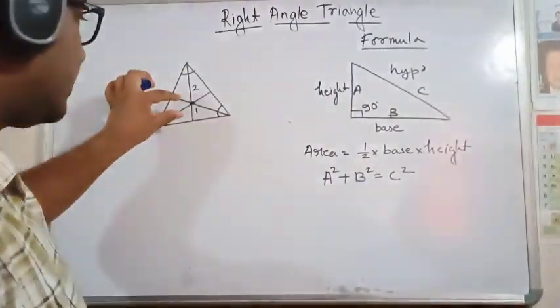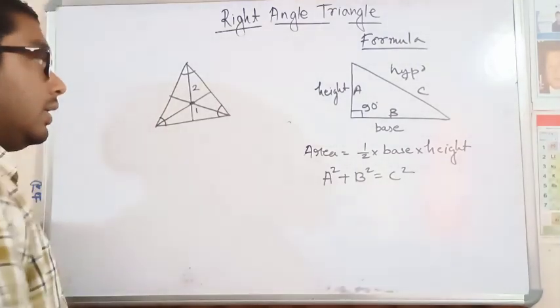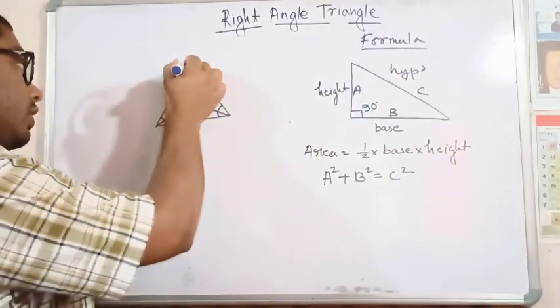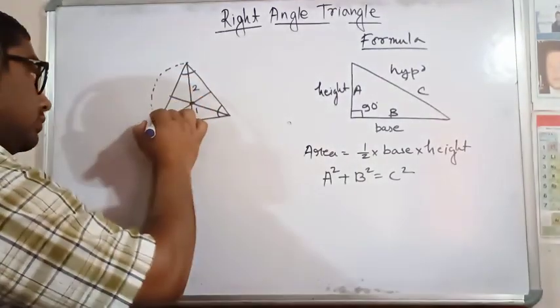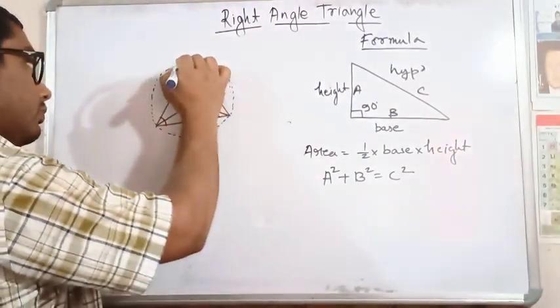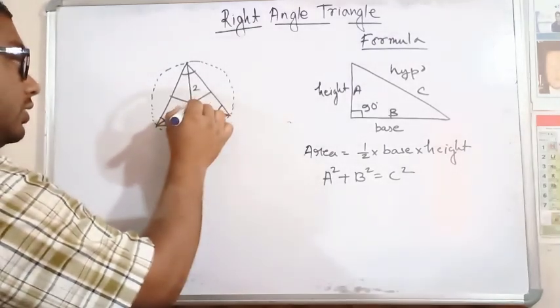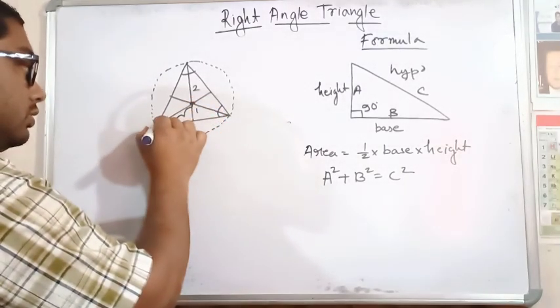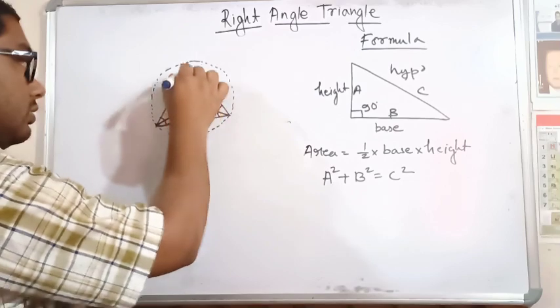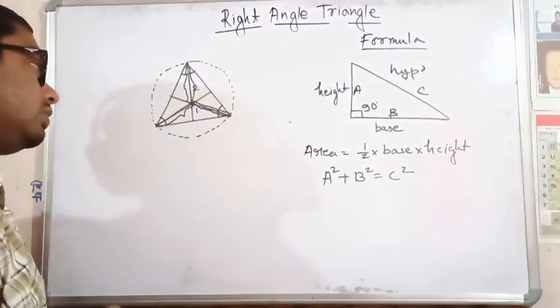And if we draw a circle with the help of these three points, there will be a radius of the circle.